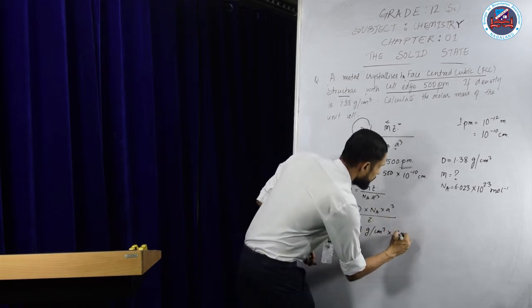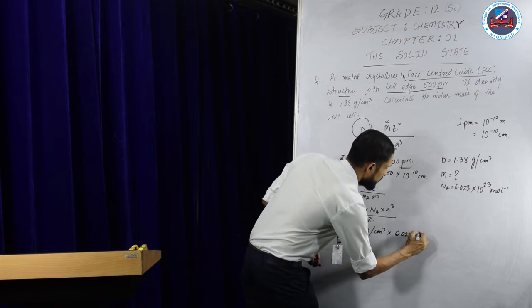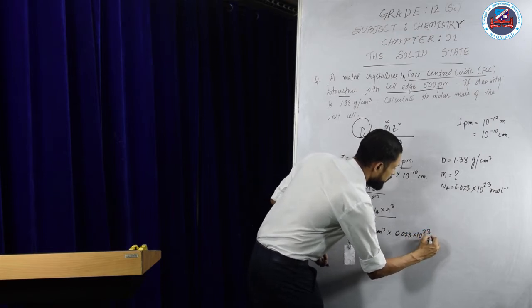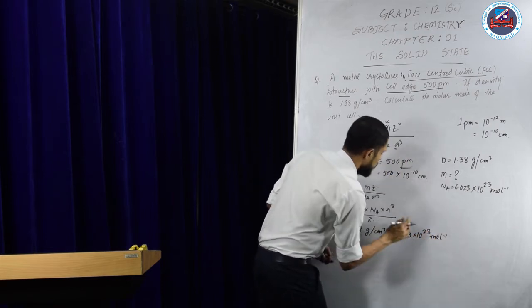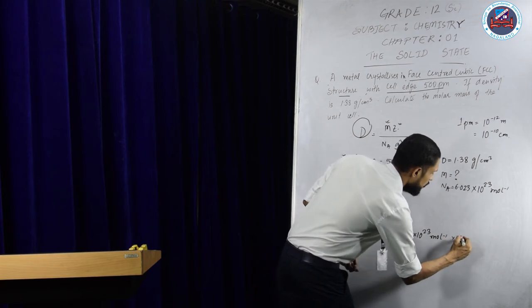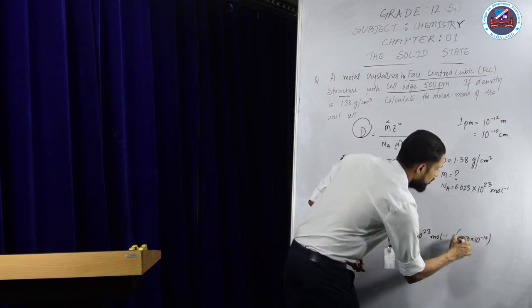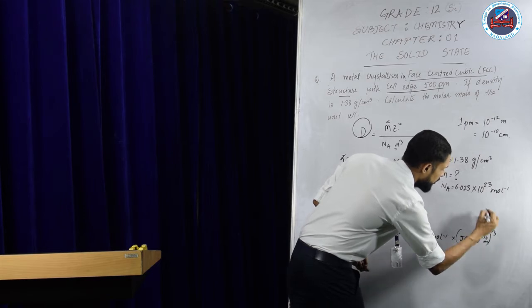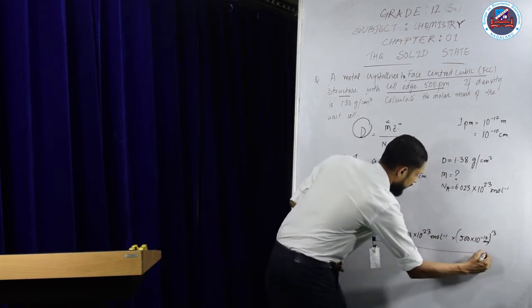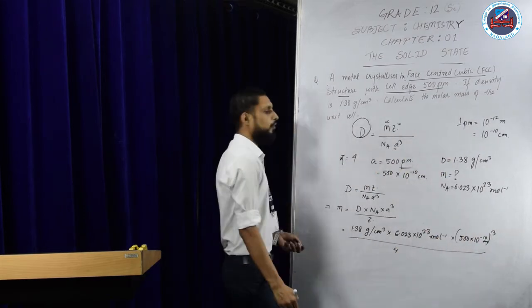Na is 6.023 multiplied by 10 to the power 23 per mole. a is given, (500 multiplied by 10 to the power minus 10 centimeter) whole cube, divided by Z, which is equal to 4.